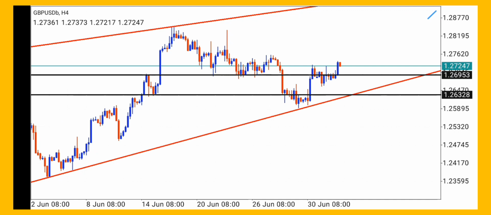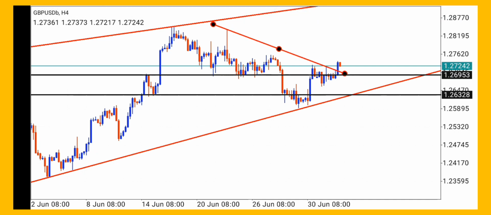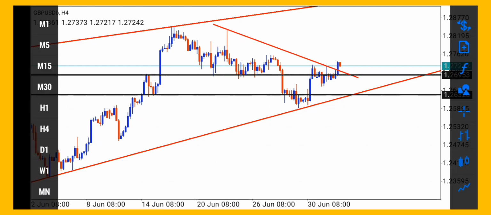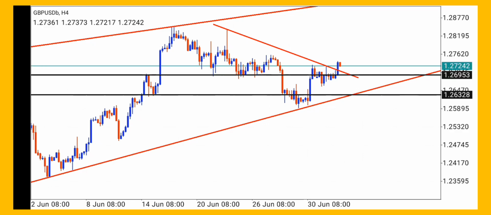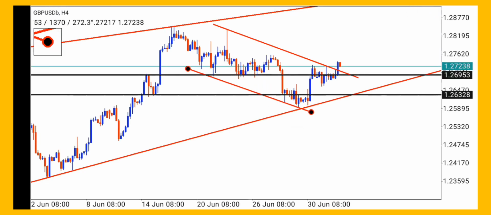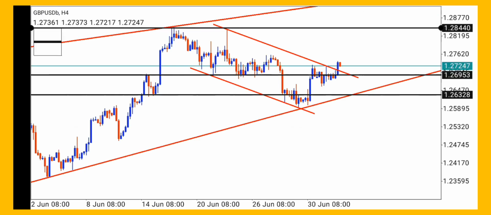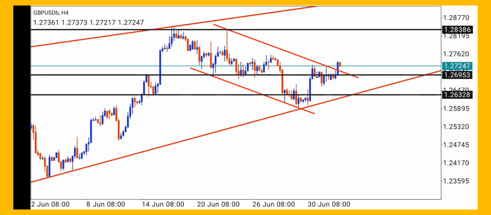So for me, this is a breakout, guys. This is a breakout. This one is a valid breakout for me. And here we go. So my overall targets will just be somewhere there.